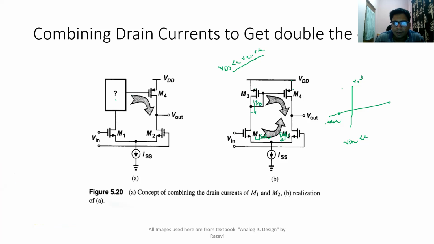And because it's a current mirror, it will also try to produce ISS by 2 here in this branch. So ISS by 2 is provided here, and the same ISS by 2 is flowing below also.